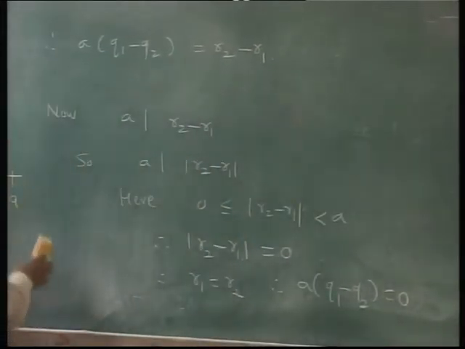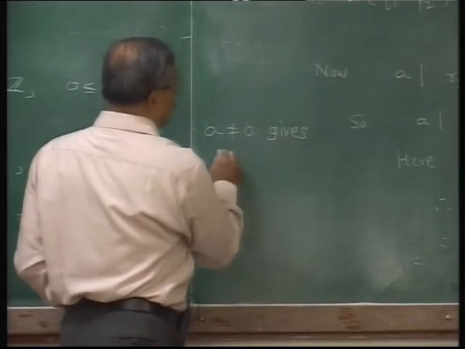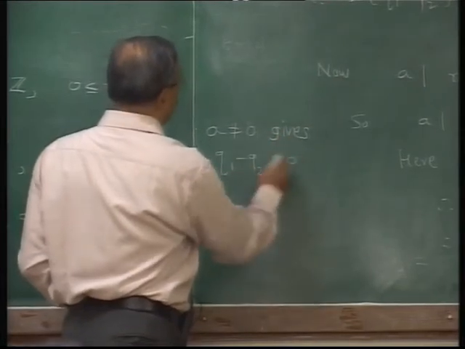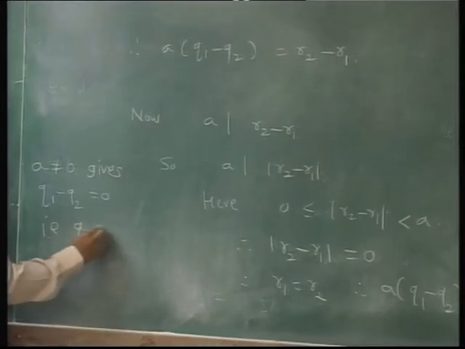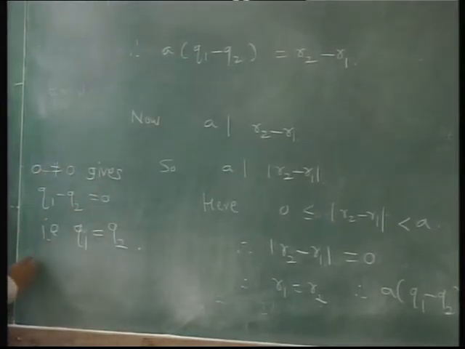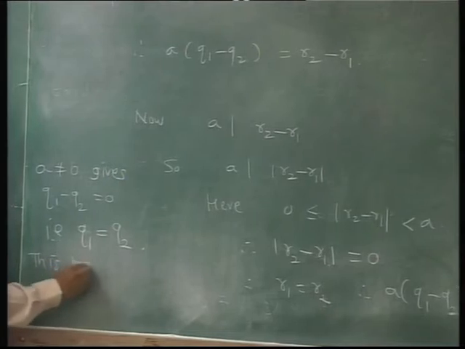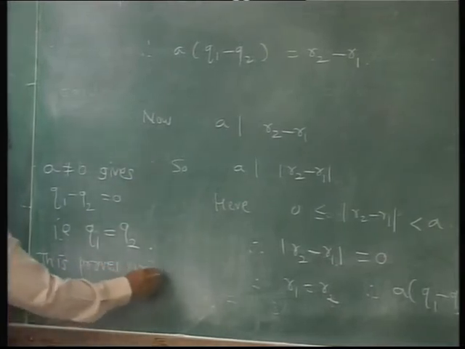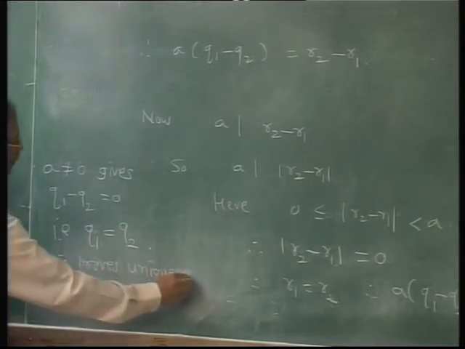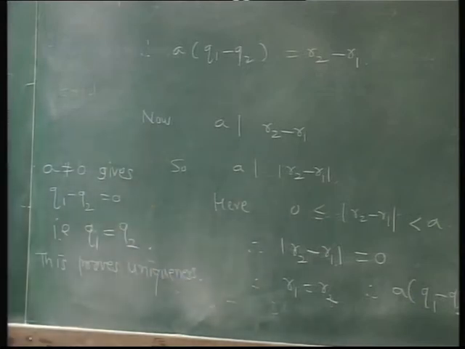So let me write it here, that a not equal to 0 gives q1 minus q2 equal to 0, that is q1 equal to q2. This proves uniqueness. Okay. So we have existence and uniqueness of these q and r.